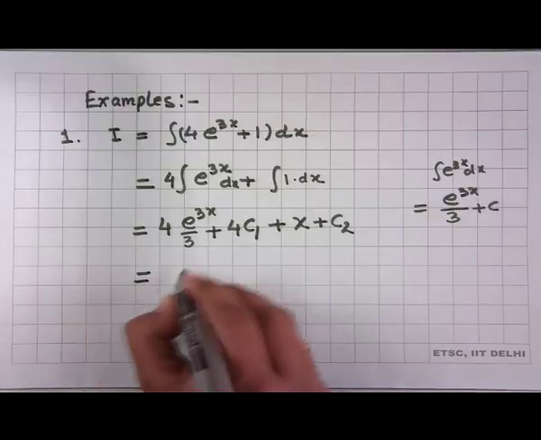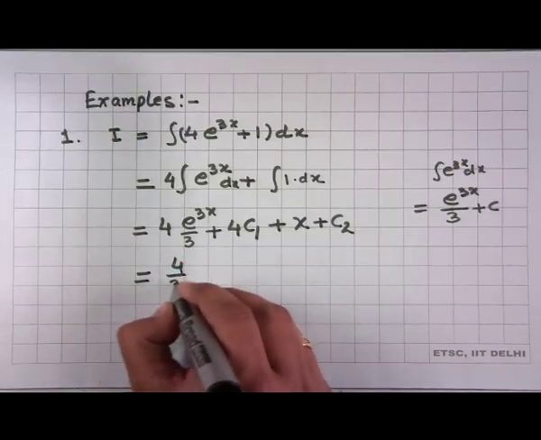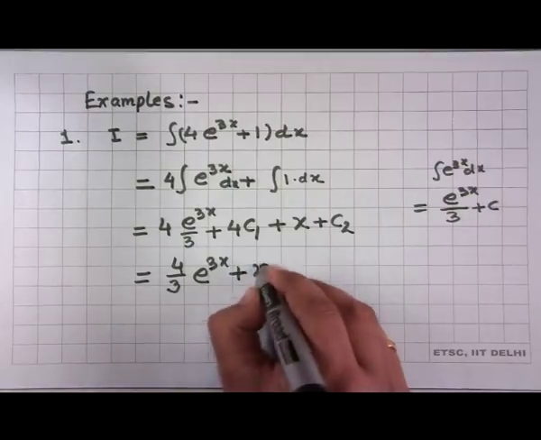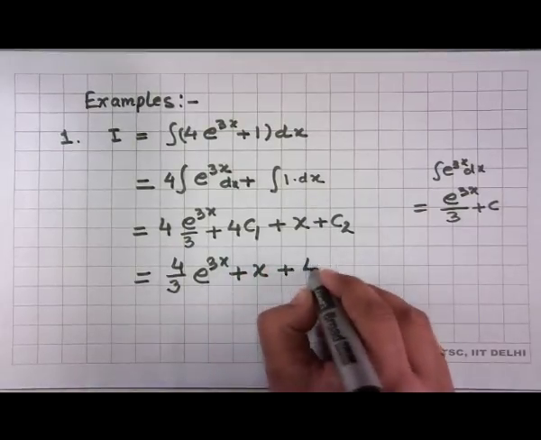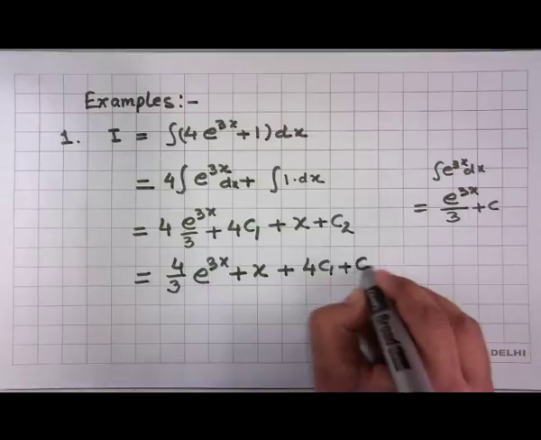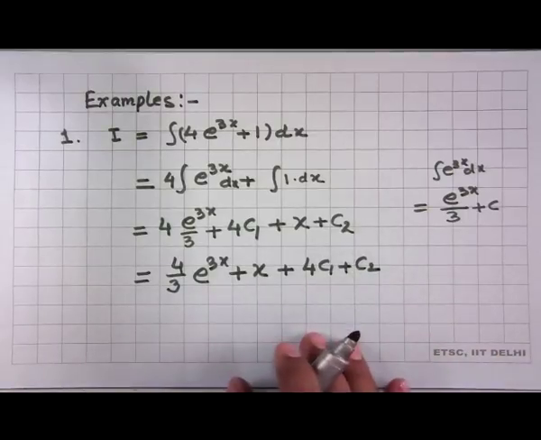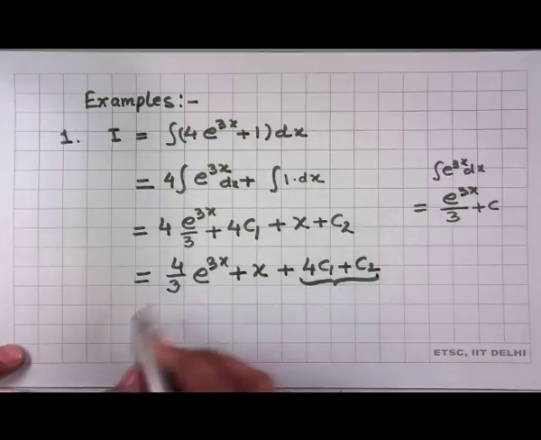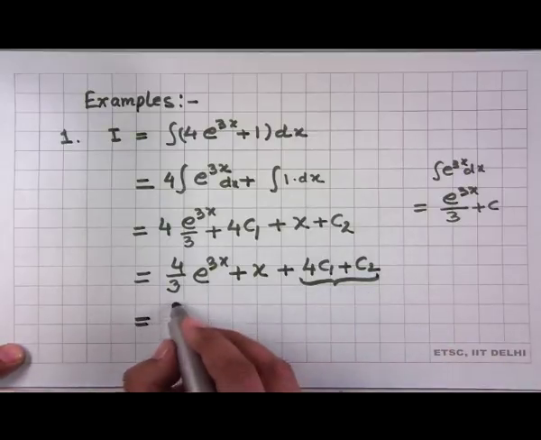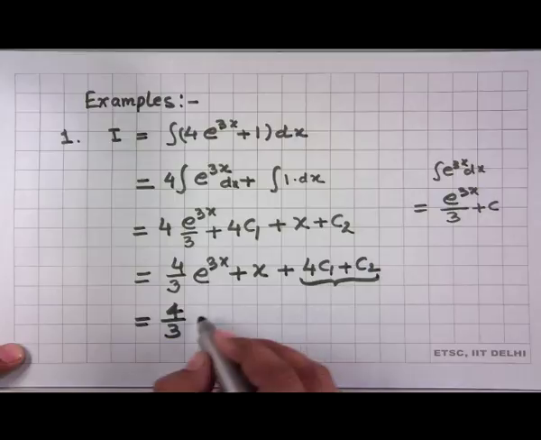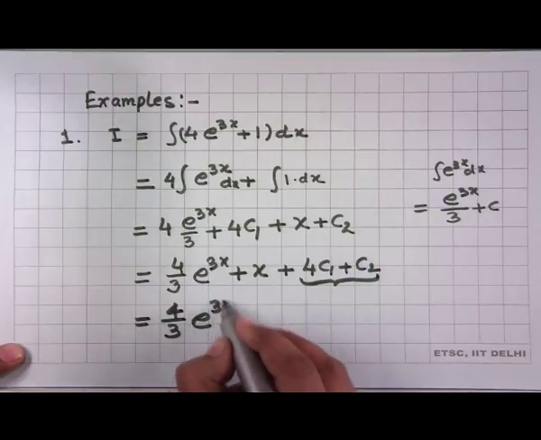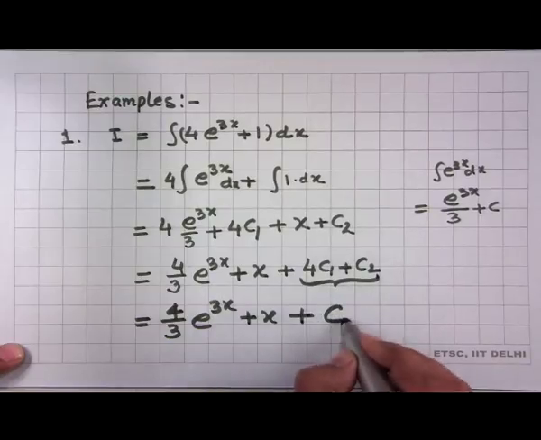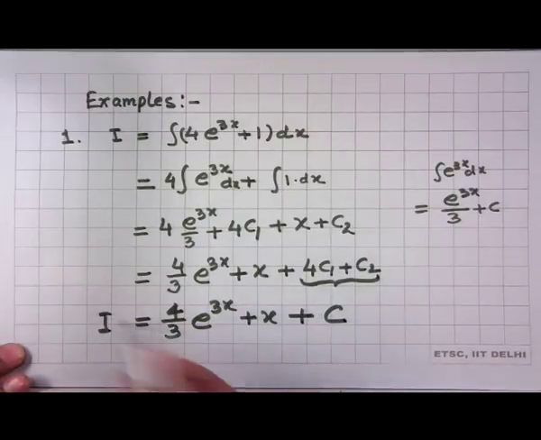So, the entire term becomes 4 by 3 e raised to power 3x plus x plus 4c1 plus c2. Since c1 and c2 are both constants, we can club them together and rename them as a new constant. So, it will become 4 by 3 e raised to power 3x plus x plus a constant c. So, the integral turns out to be this much.